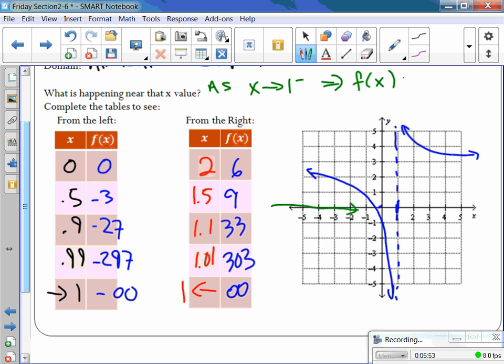To negative infinity. As x approaches 1 from the right, which we denote with a plus sign, what's happening with f of x?